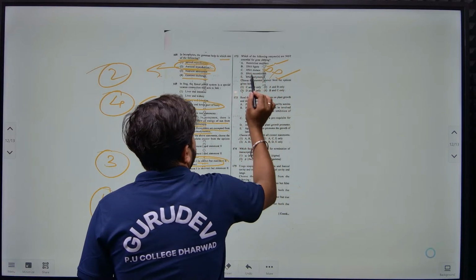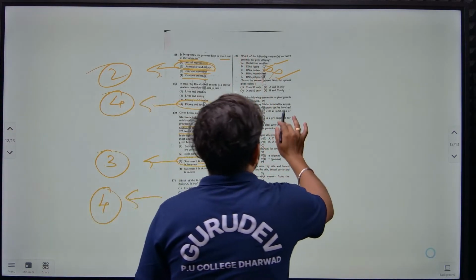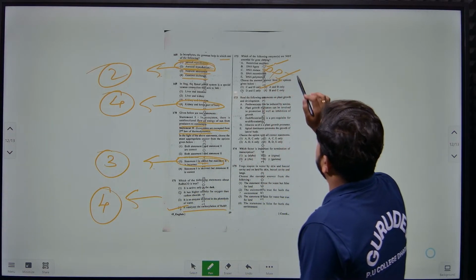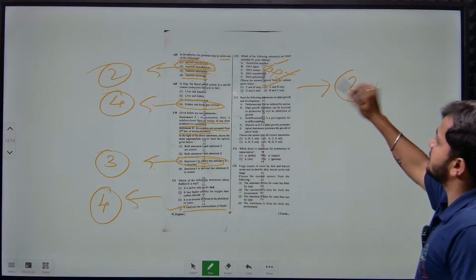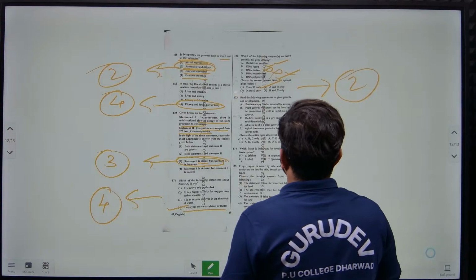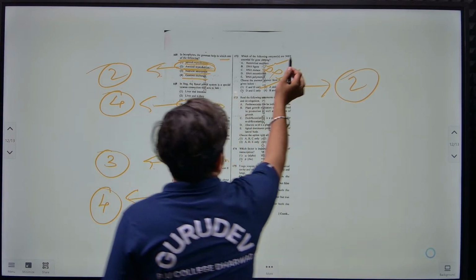That is A, B and E, but based on overall, if I consider here, the option A and B is correct. So option 2 is correct. Sorry, which is not essential.